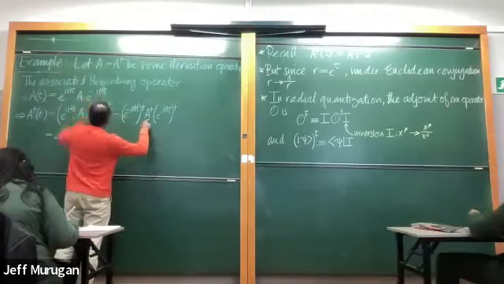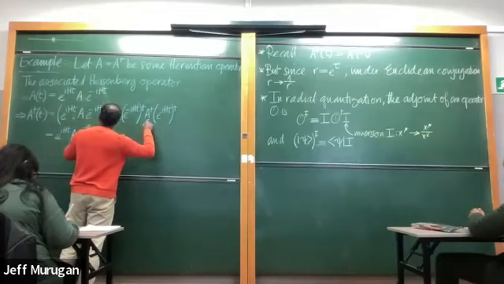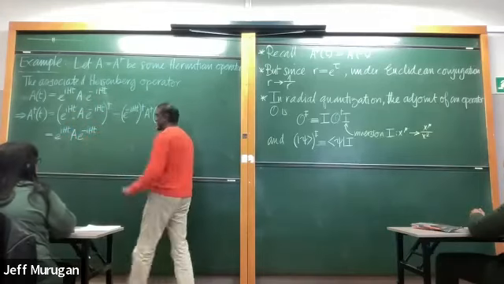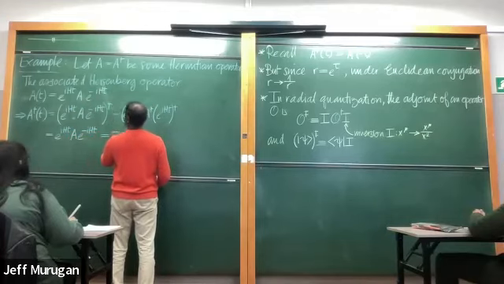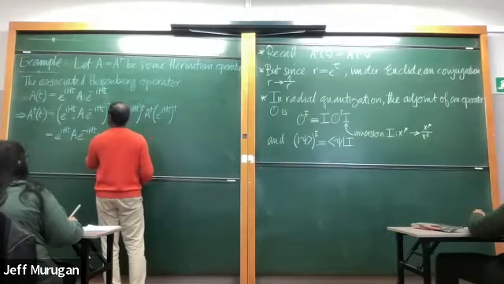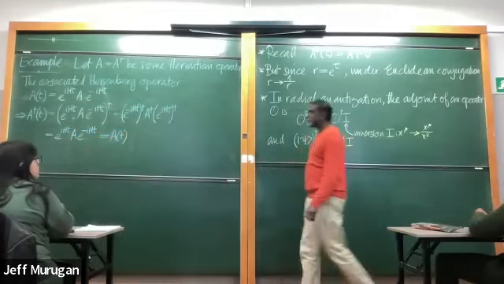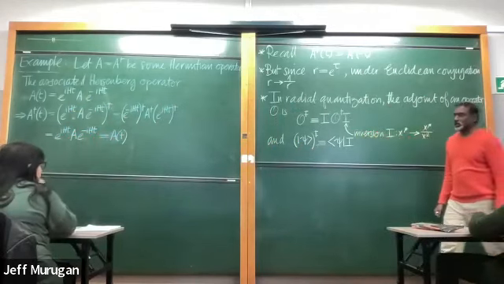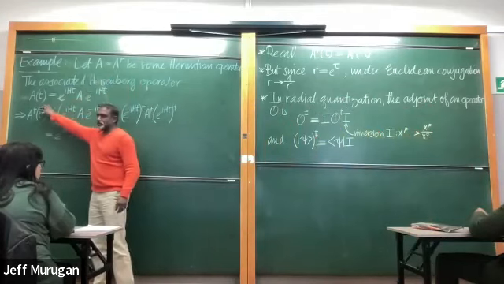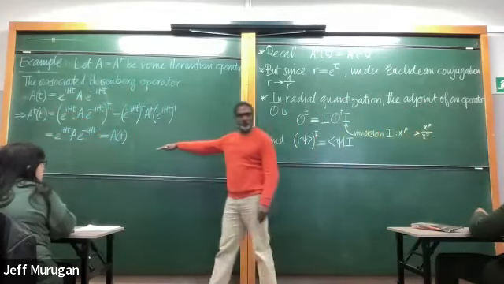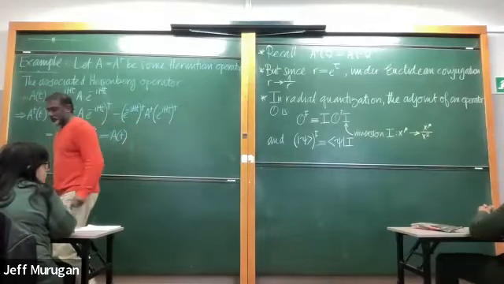A is assumed to be Hermitian, so that's A e to the minus i H t, which is just A of t. In other words, if I start off with some Hermitian operator, the associated Heisenberg operator is also Hermitian under the same conjugation operation. Okay. So this is the Minkowski space.